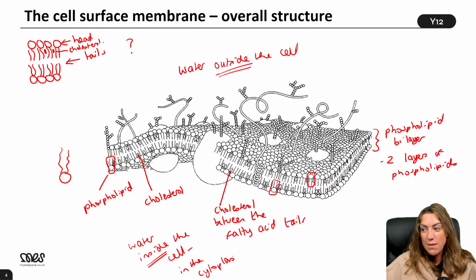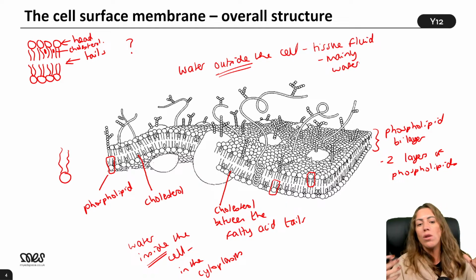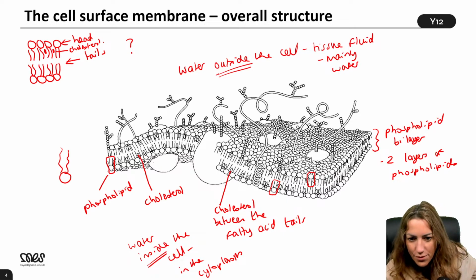The cytoplasm is mainly water, okay? So cells are full of water inside, but also on the outside of the cell, there's something called tissue fluid, which is mainly water. So all cells are kind of surrounded by water, both inside and outside, okay?